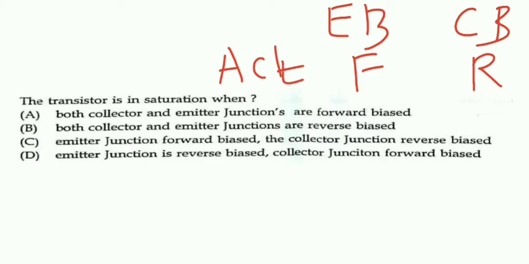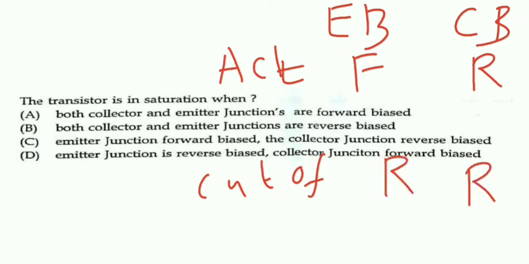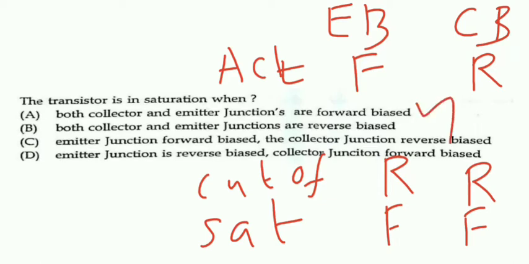If transistor in cutoff, both the regions are reverse bias. If transistor in saturation, both the regions are forward bias. So from the option given here, the transistor in saturation, then both collector and emitter junctions are forward bias. So option A is the right answer.